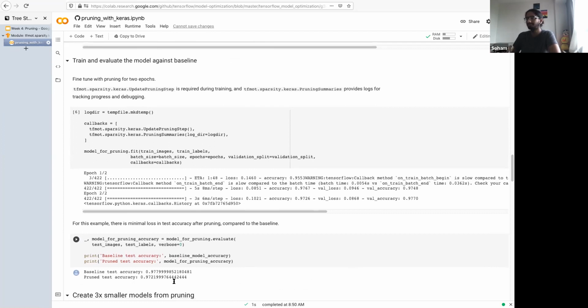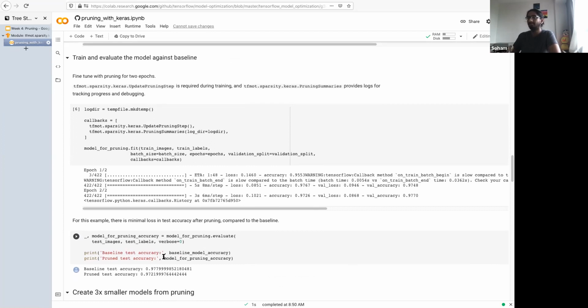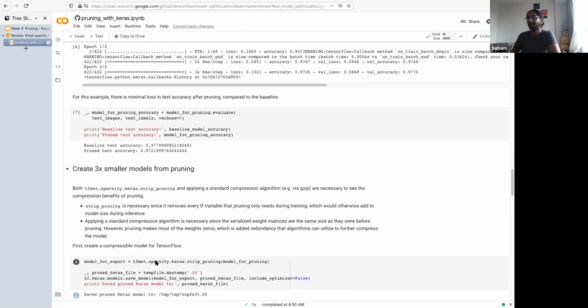So even though we pruned 80% of our network, our accuracy hasn't degraded that much, which goes to show just how over parameterized some of our networks are. We don't need all of those weights, right?